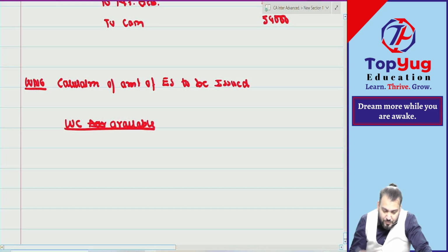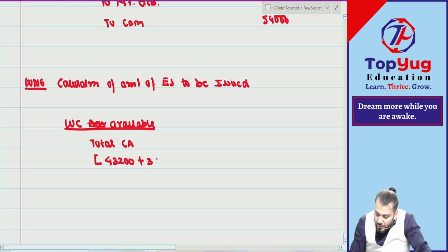So can you give me total current assets one by one as per the last balance sheet? Whether plant and machinery will come? Debtors will come, 43,200. Stock will come, 36,000. Whether cash will come, 40,200.